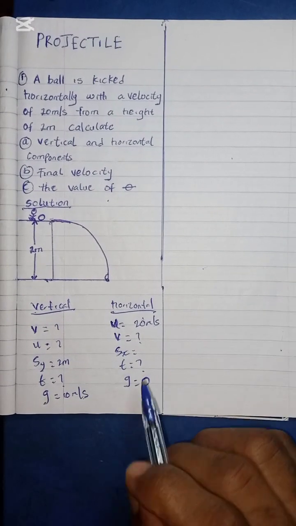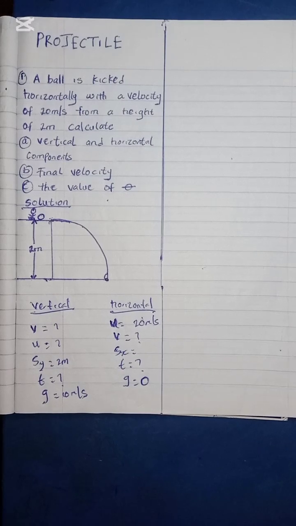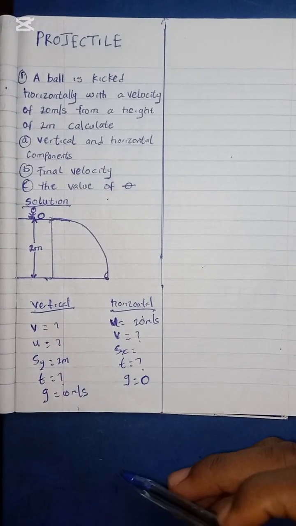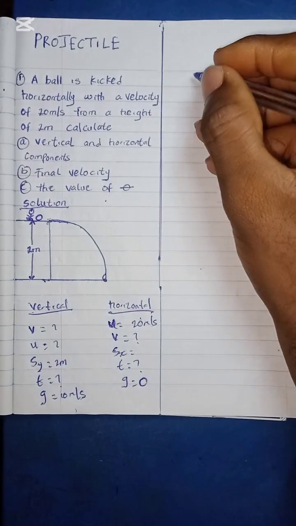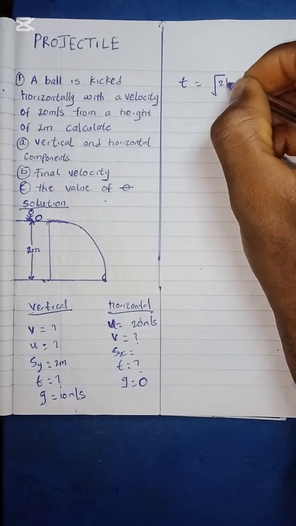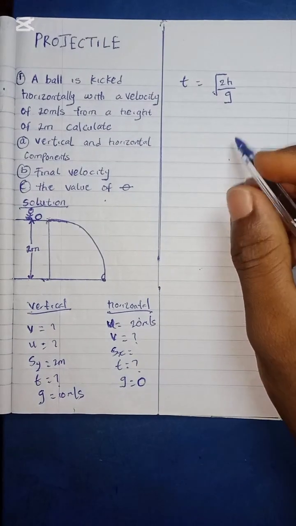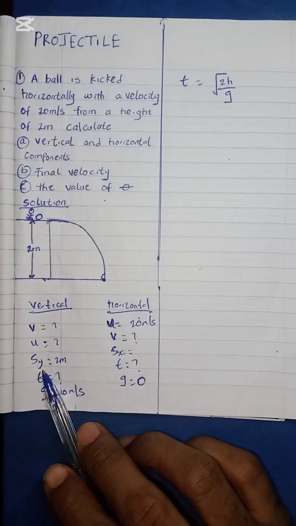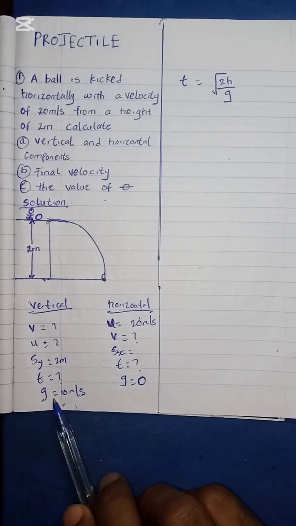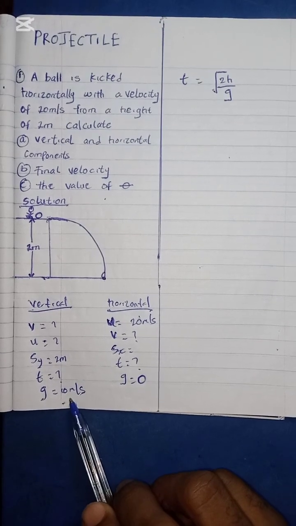So now let's find the time from our given parameters. We can find the time by saying t is equal to the root of 2h over g, because we're given the height and we know our gravity. For the vertical component, our acceleration due to gravity is 10.